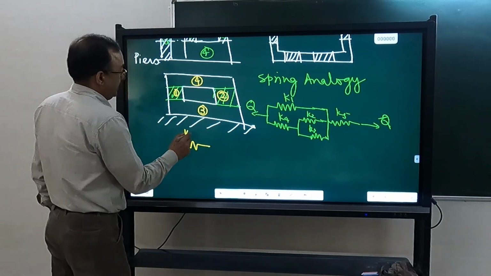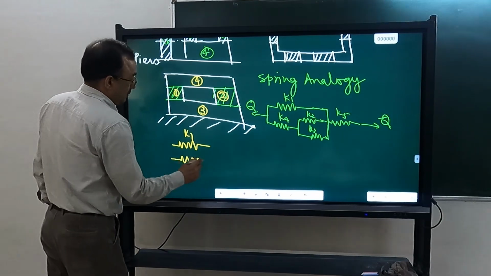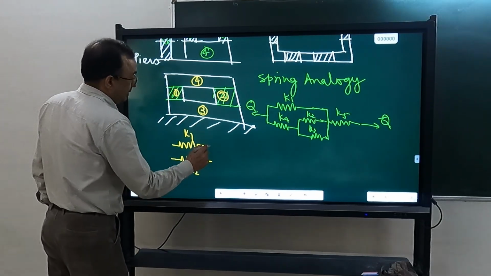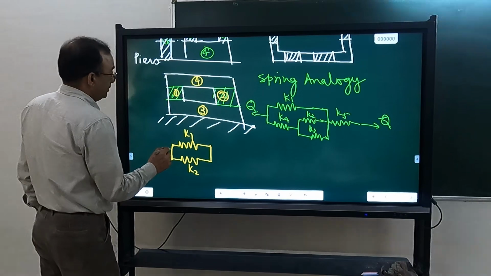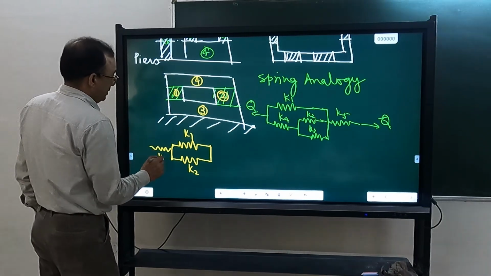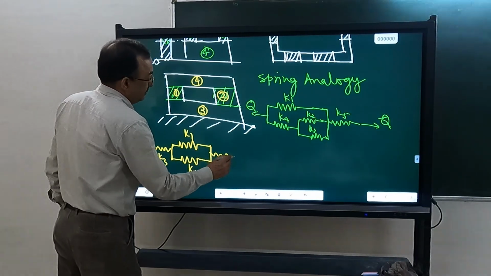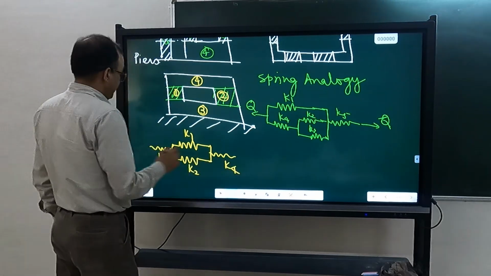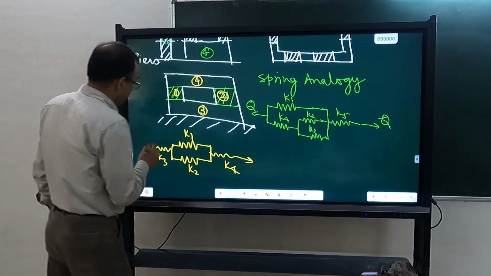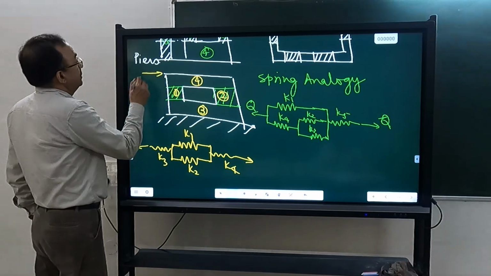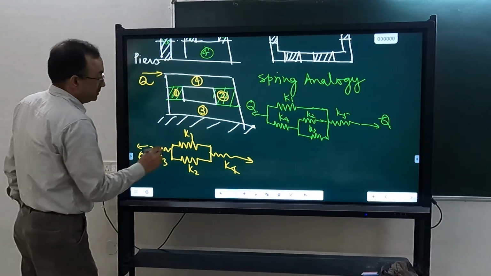We have K1 and K2 acting in parallel, and then here we have K3 and here we have K4 which are in series, and here we have this force.